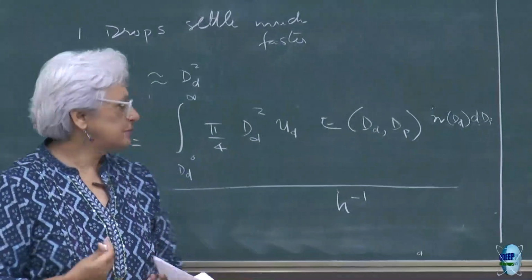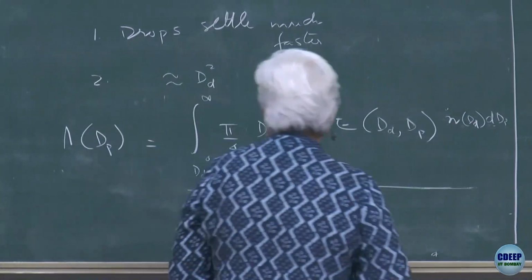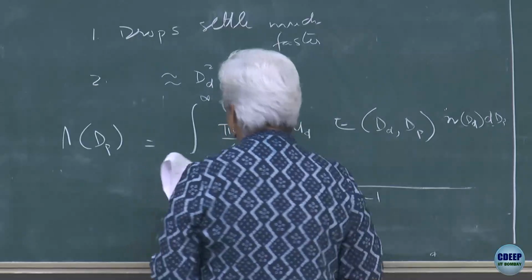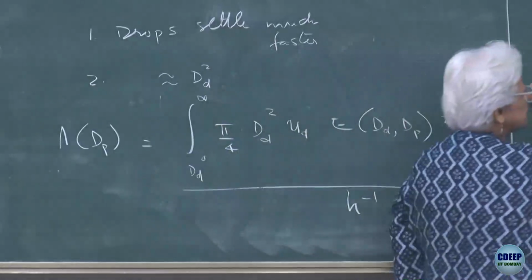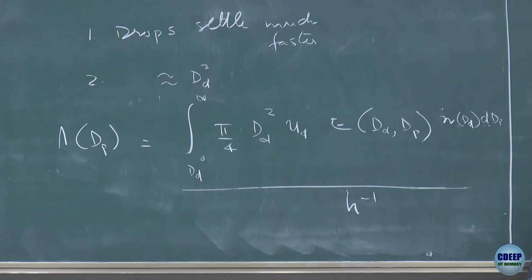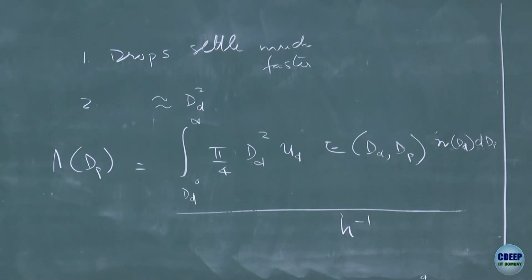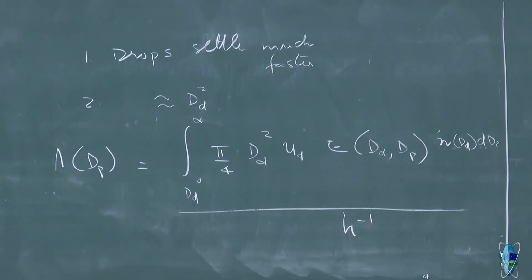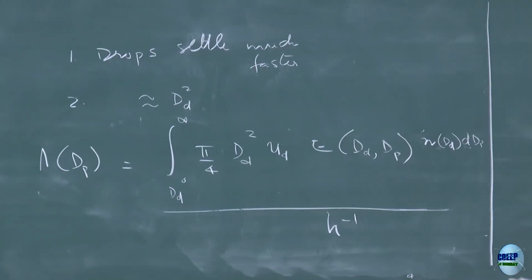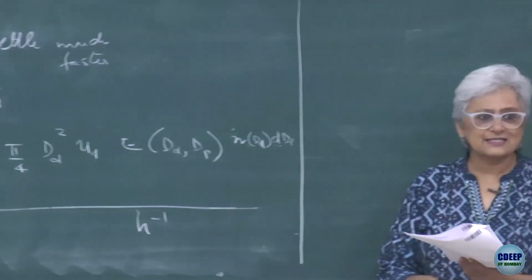Now I want to multiply it by rain rate in some form. But does this scavenging coefficient look like it bears some relationship to rain rate, or can I write it in terms of rain rate? What can I think of rain rate as?